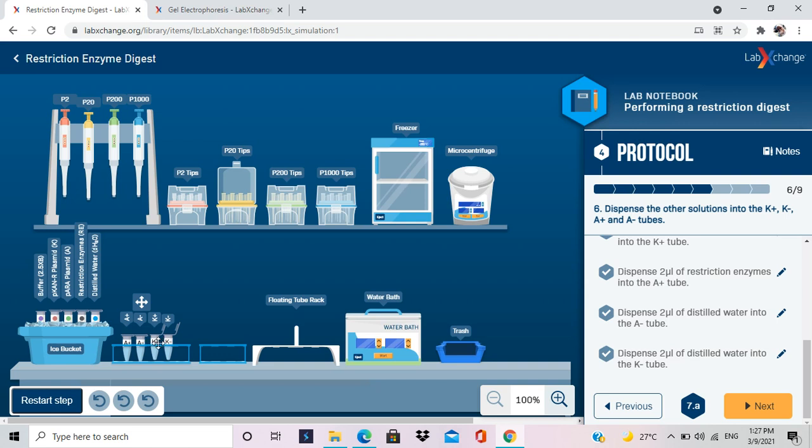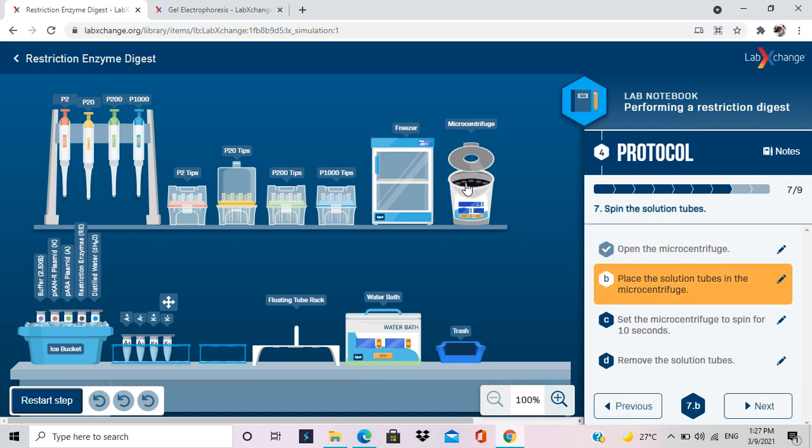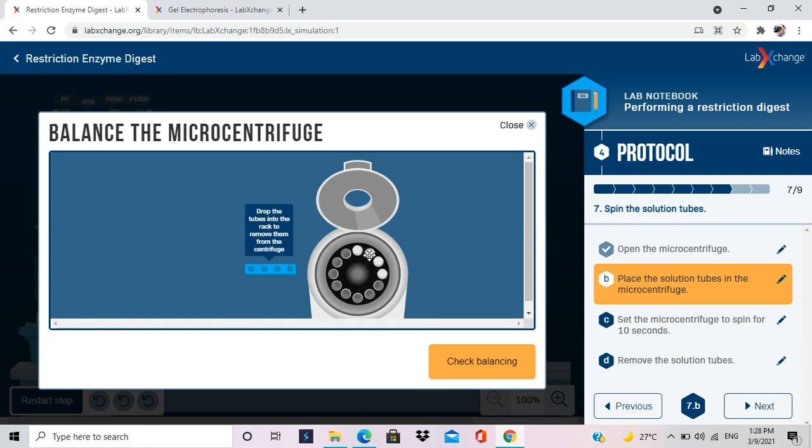I close the solution tube first, and after that I open the microcentrifuge and put the solution tube into the microcentrifuge. And then I balance it.